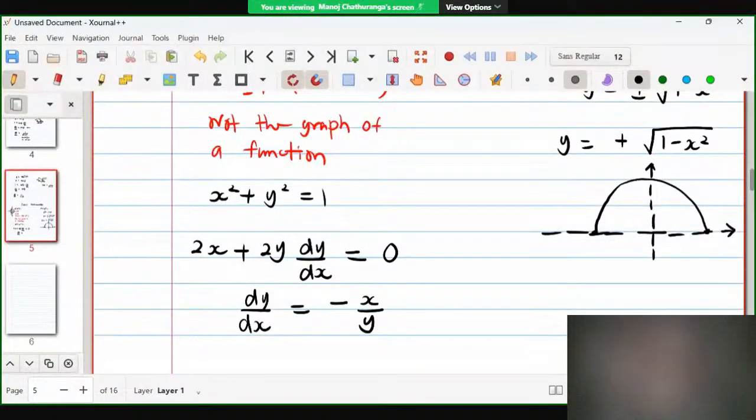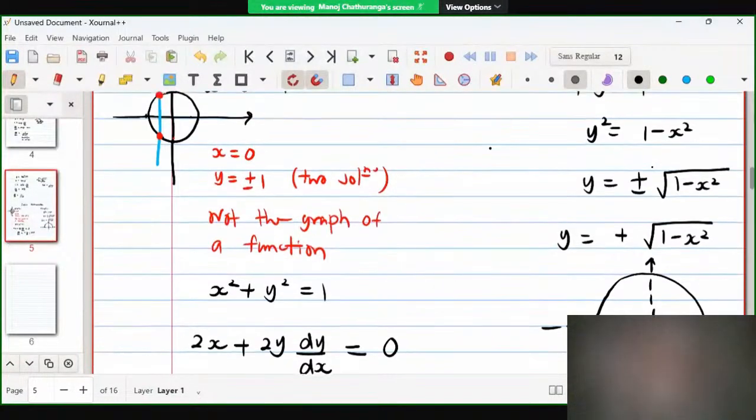So at every point, you can compute the slope of the tangent line using this formula: negative x divided by y. No matter where these points are on the circle, as long as y is not equal to 0, we have a perfect answer.